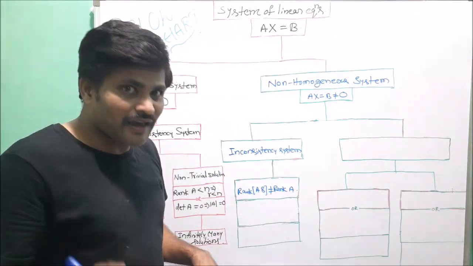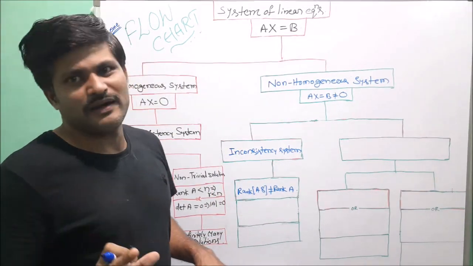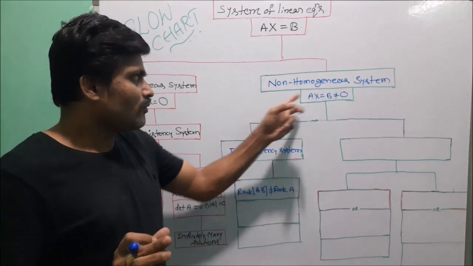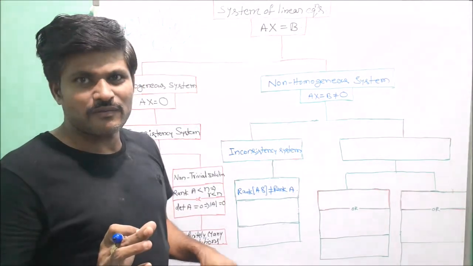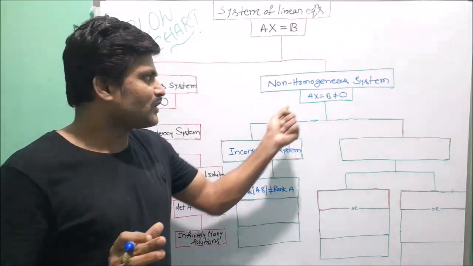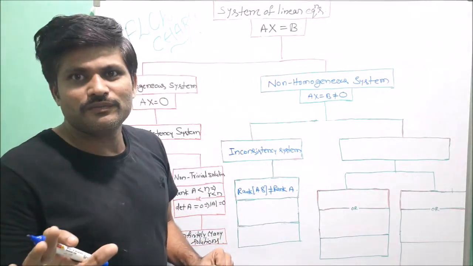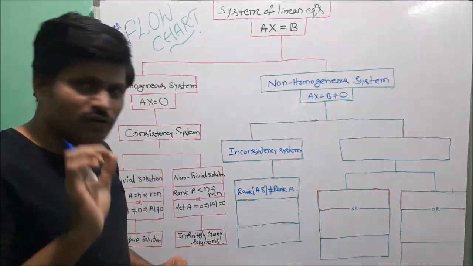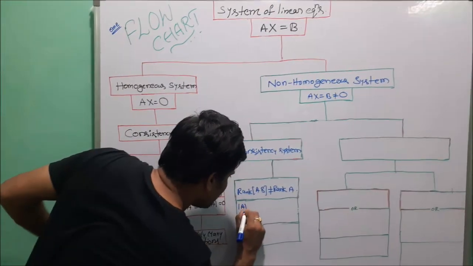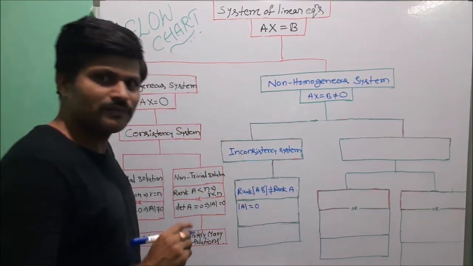Another way is based on determinant. Here we take the coefficient matrix of the given system and find its determinant. That determinant equals 0, so it means that |A| equals 0.